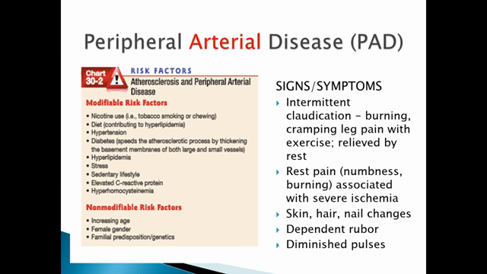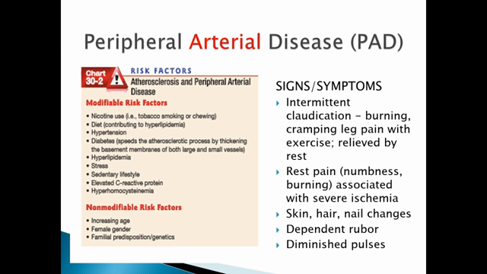If you've ever seen older people and you look at the front of their legs and it's all shiny and hairless, they have impaired circulation in those extremities, because you need adequate blood flow in the legs to provide the nutrients for the growth of hair. So you look for that.